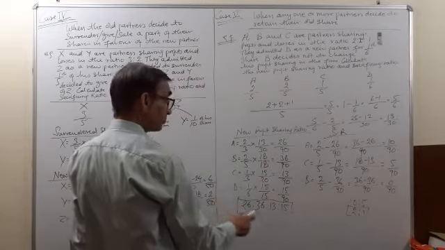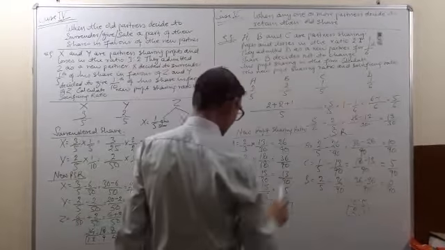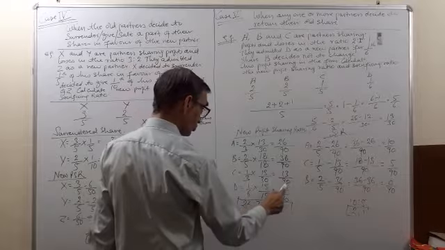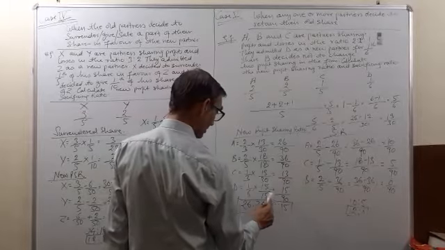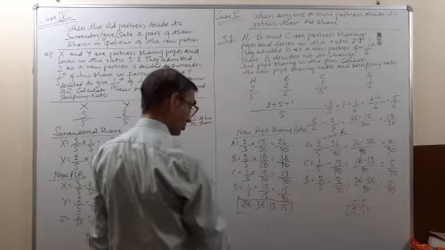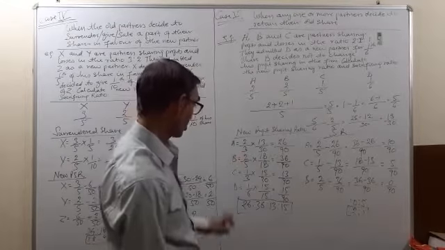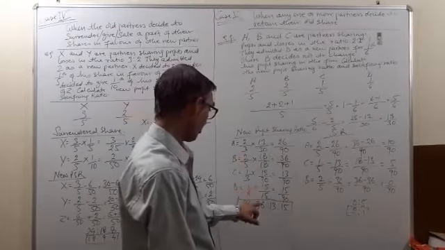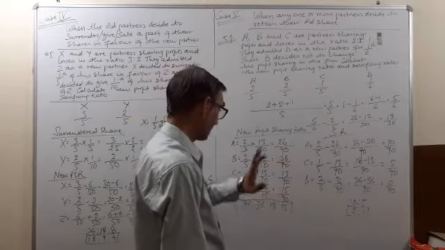Now D, he is coming for 1/6 share. To make the denominator equal to 90, it will be multiplied by 15 and the numerator will also be multiplied by 15. So 1 by 6 into 15 by 15 is equal to 15 by 90.